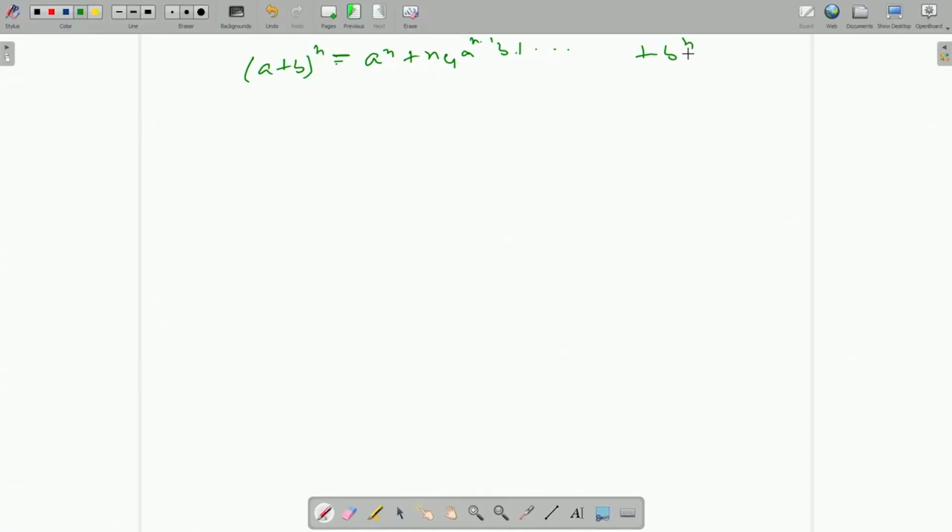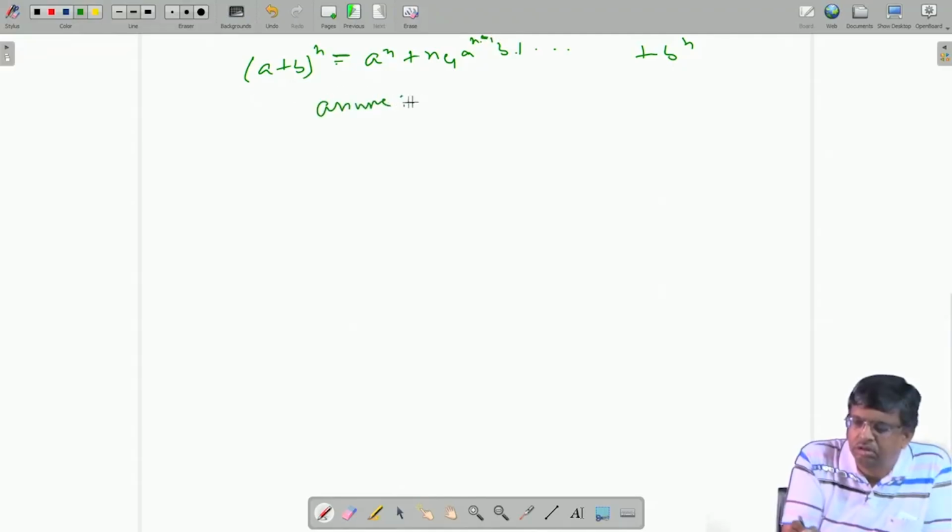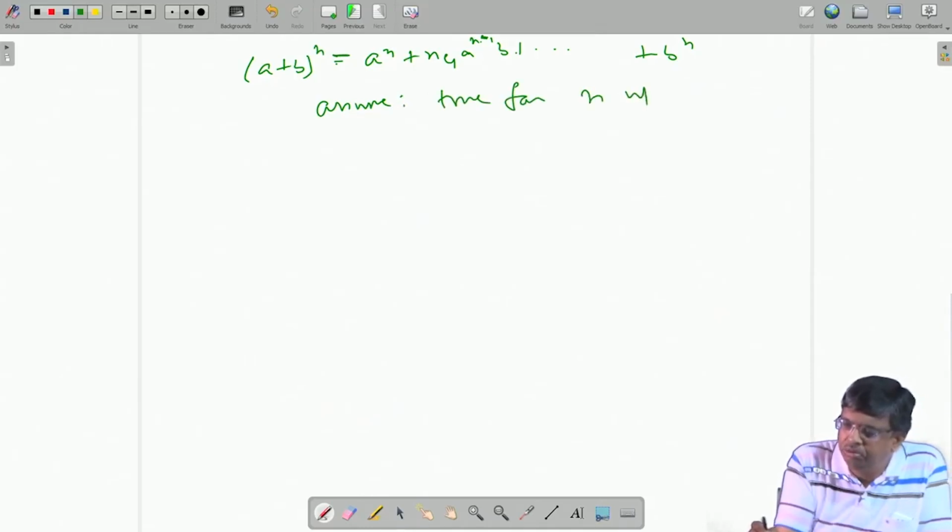If we say prove it by induction, what we do is this: we assume that this is true for n up to some integer p. Then we prove it true for n equal to p plus 1 also.